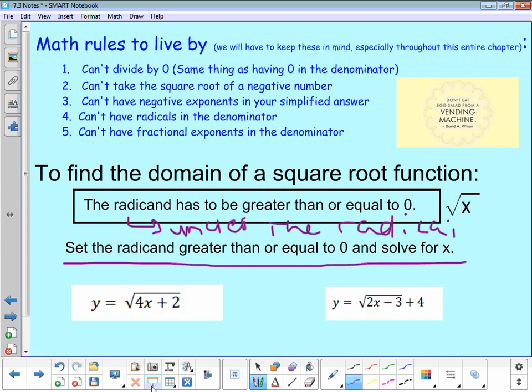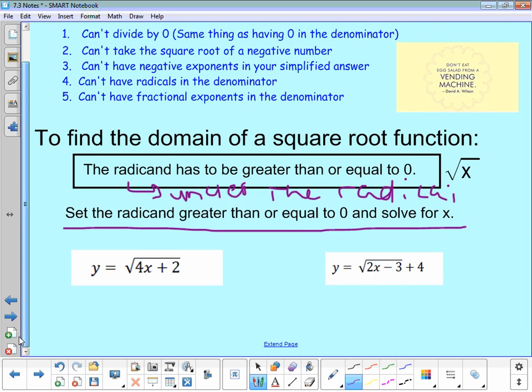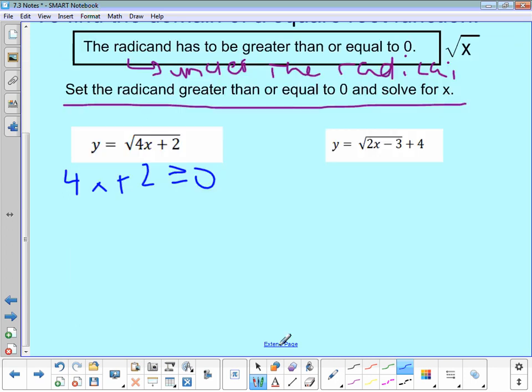So if I take a look at some examples, let's say I have the function y is equal to the square root of 4x plus 2. I'm going to take what's underneath the radical, that 4x plus 2, and set that greater than or equal to 0. This is going to give me the domain. So solve for x now.